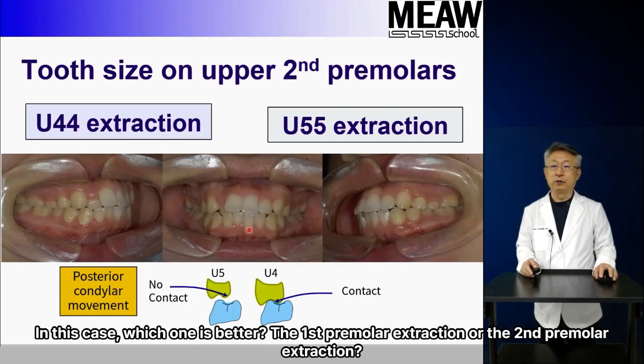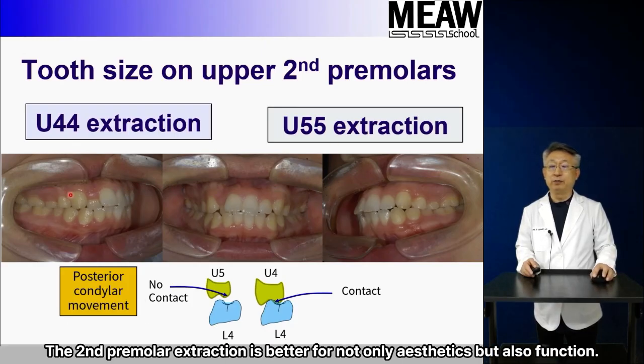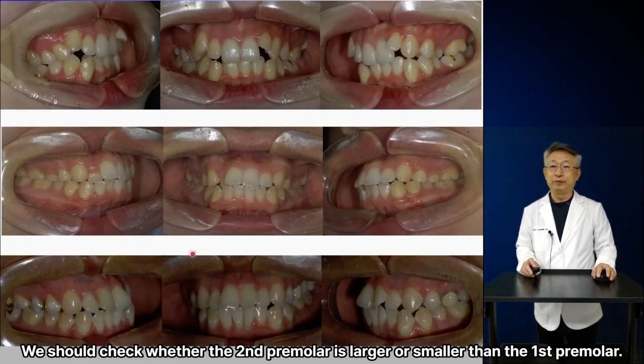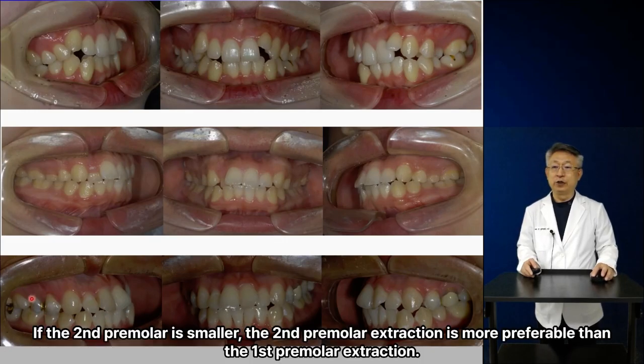In this case, which one is better? The first premolar extraction or the second premolar extraction? The second premolar extraction is better for not only aesthetics but also function. We should check whether the second premolar is larger or smaller than the first premolar. If the second premolar is smaller, the second premolar extraction is more preferable than the first premolar extraction.